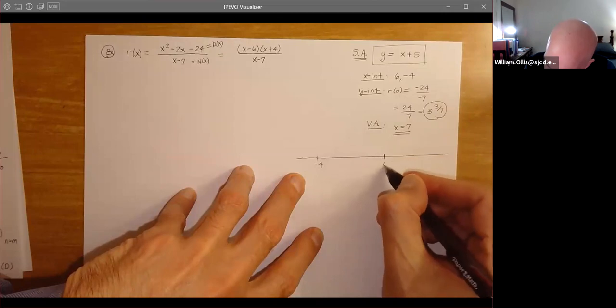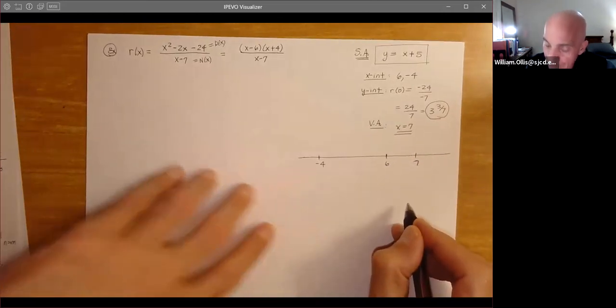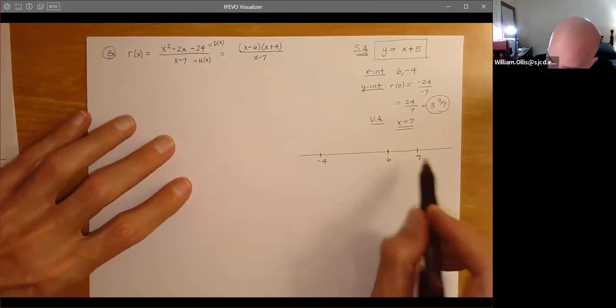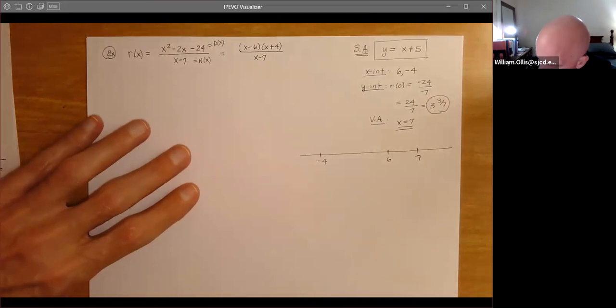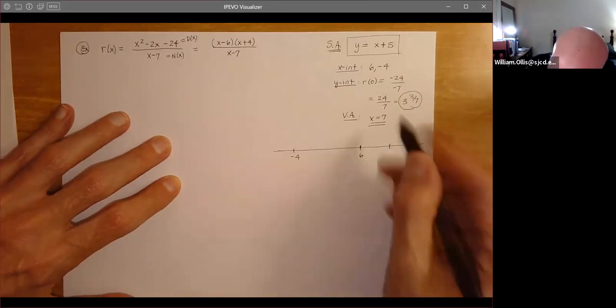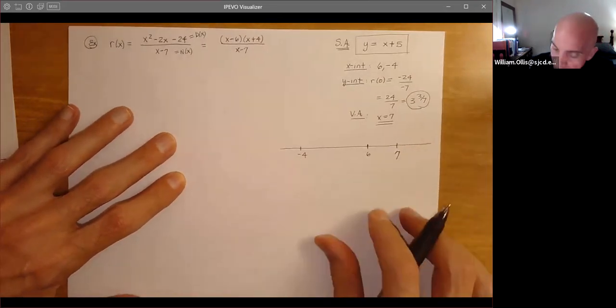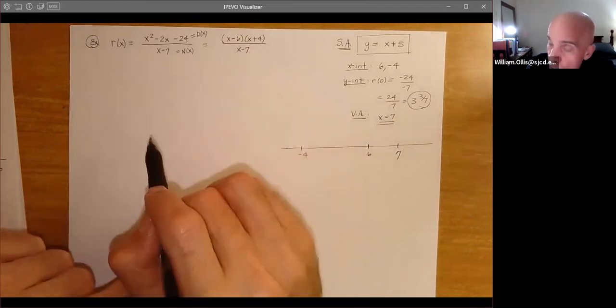So we'll just say 6, and I'll spread out the 7 a little bit so they don't get too crowded. Let me just write it so you can see it. There we go, 7. Now again, notice we've got the factored form, all multiplicity 1.